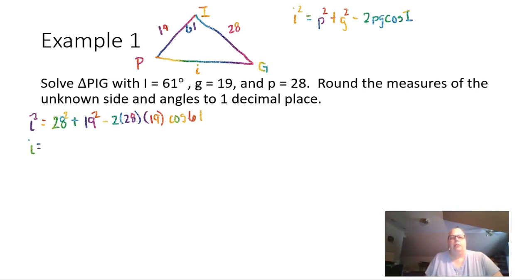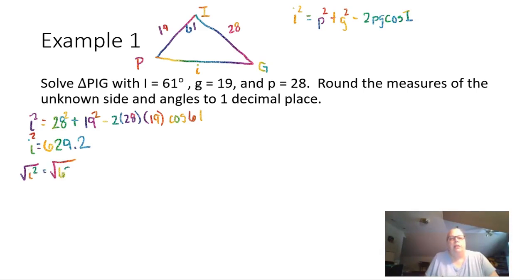Now all of this we can actually put into the calculator at one time and figure out what I squared is equal to. Let's be sure that we're in degrees though for that cosine 61. And this is giving me 629.2, and then we'll need to square root both sides.